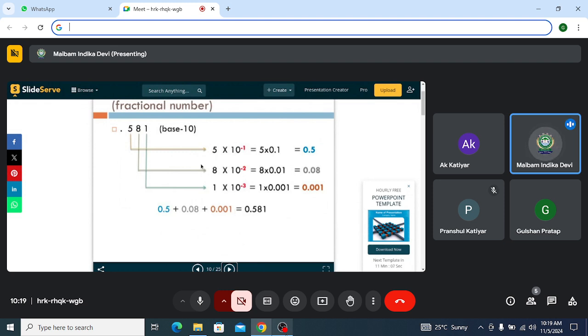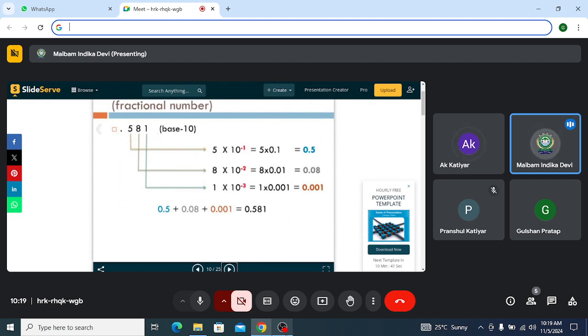The only difference is, if a number is after the decimal point, the numbering will start from left to right: -1, -2, -3.